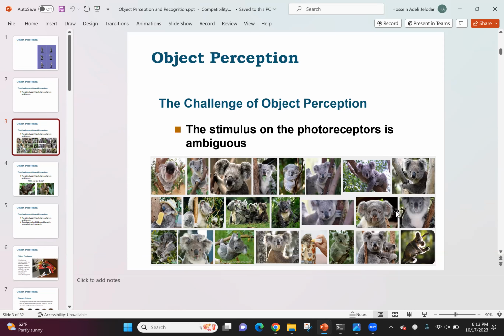Same pattern. That's the answer I'm looking for. If my perception of two objects is the same, there must be somewhere in my brain that these two are producing the same pattern of neural activity, right?